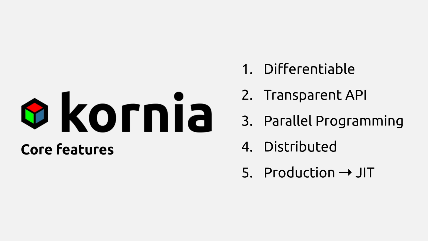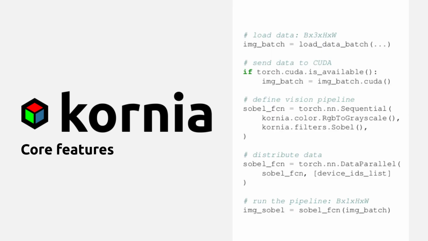Then you have the distributed API that you can send over to different devices. And finally for production, using the Torch JIT compiler. This is a small snippet; if you have time, just check how easily you can implement all these features that I was mentioning by combining PyTorch and Kornia.